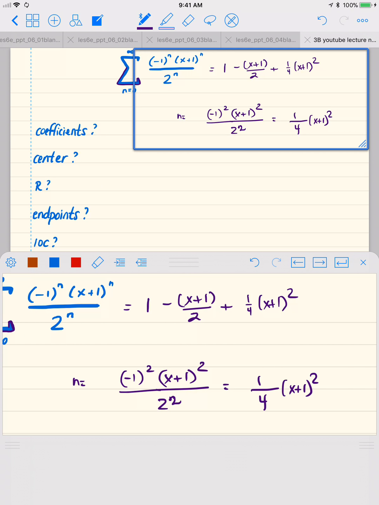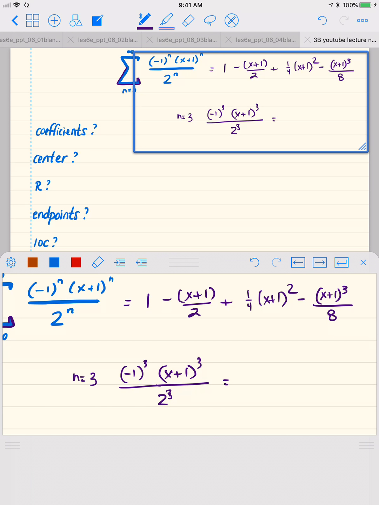And if n equals 3, then this will turn to negative 1 cubed, so it'll be minus, I can already see that. And it'll be x plus 1 cubed over 2 cubed. So 2 cubed will be 8. So I kind of get an idea of what I've got.